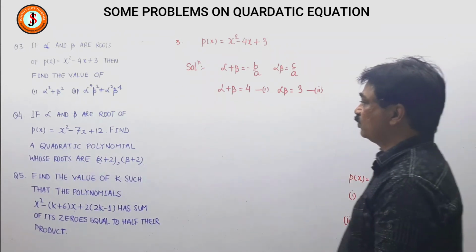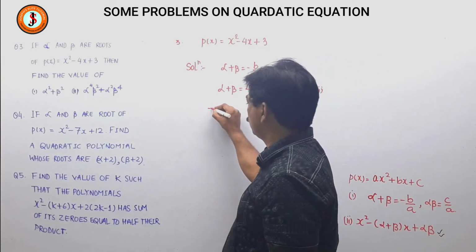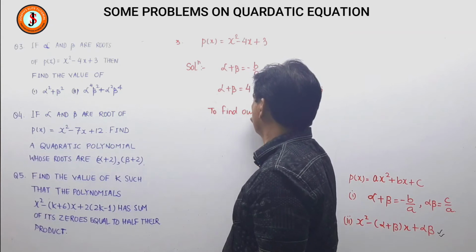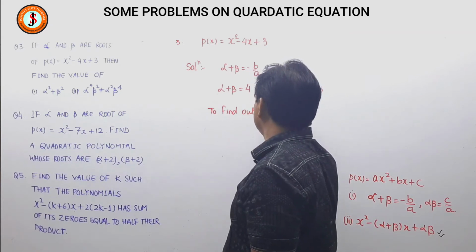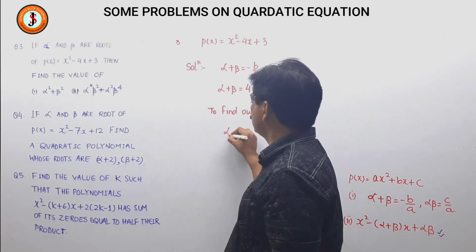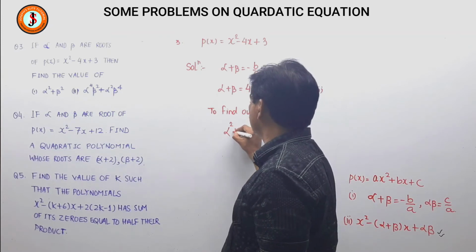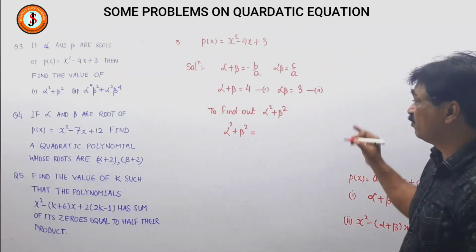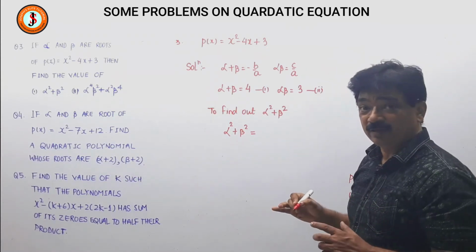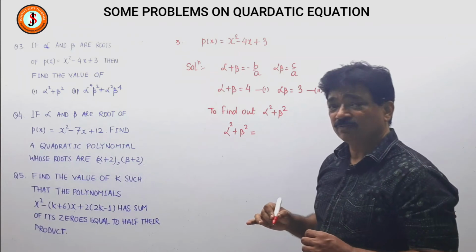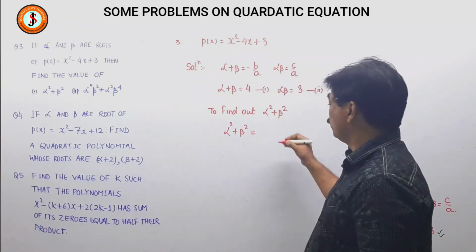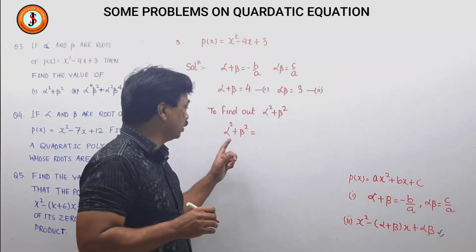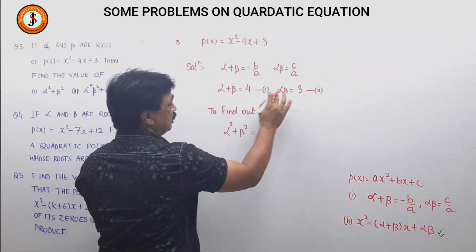Now we have to find out alpha square plus beta square, but we know the value of alpha plus beta and alpha into beta. Is there any equation which relates alpha plus beta and alpha into beta in this?